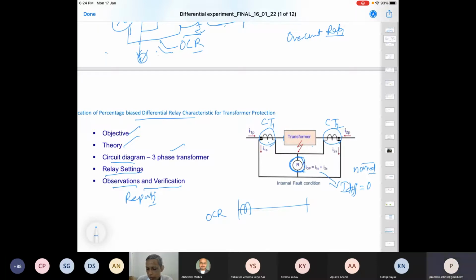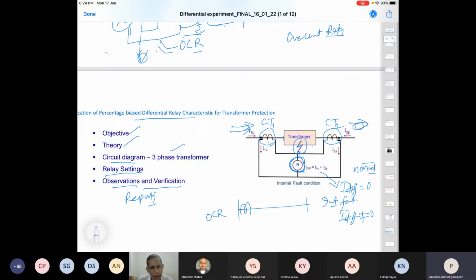But whenever there is an internal fault, this I differential will no longer be zero. Straightforwardly, whatever current was flowing here, a proportional current was flowing here. Now there is no more proportionality. For an internal fault, this current becomes significantly high.